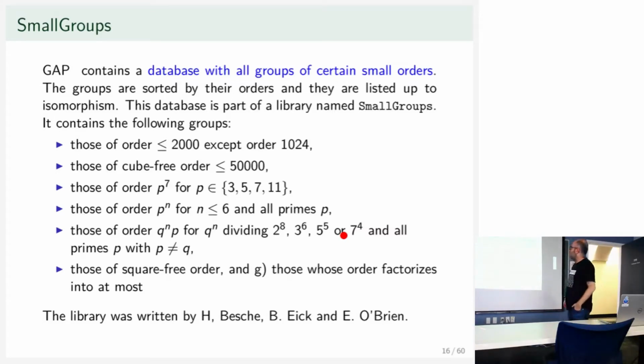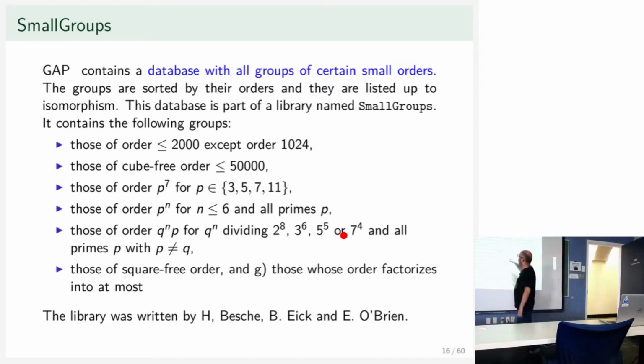The library is known as the small groups library. So here you have a description of the library. Essentially what you have here is a huge database of groups. You have all groups of order less than 2,000 with this exception, because this is a huge number and it doesn't make sense to include all these groups there because the list is too big.